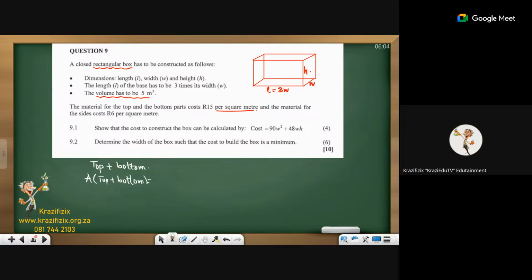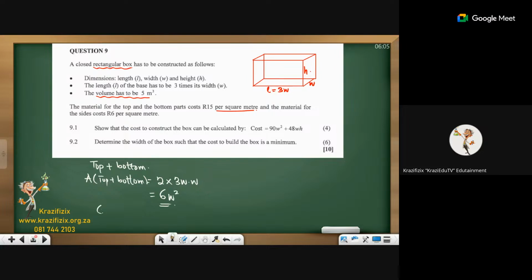The area of the top and bottom is 2 multiplied by, I hope you see where the 2 comes from, 3W times W, and that will give us 6W. That makes sense. It's 3W squared at the bottom, 3W squared at the top, to give us what? 6W squared. That's just the area.